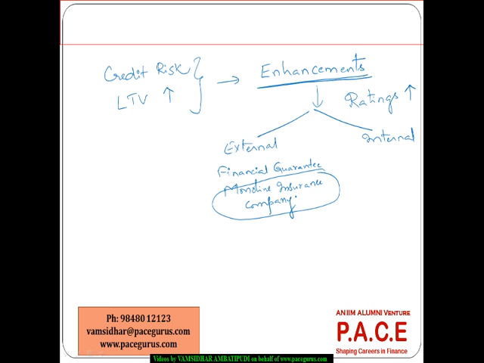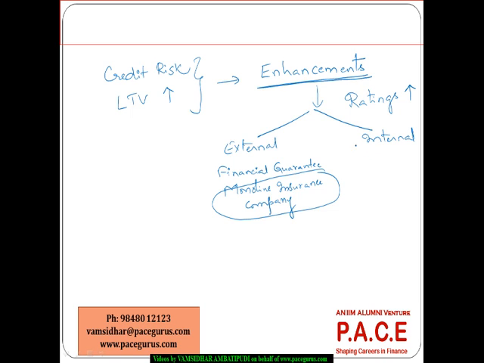So the major line of business for this insurance company should be insuring all these ABSs and MBSs and providing compensation for the loss against default on all these MBSs. So that's the kind of financial guarantee that is expected, that will improve the ratings of the MBS.